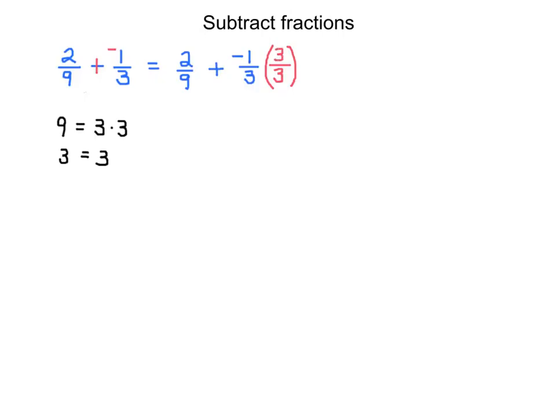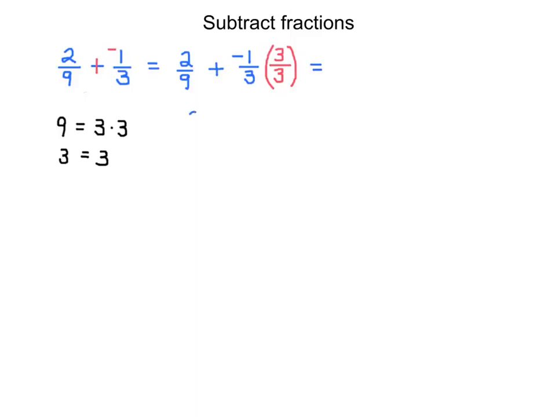So what we know is that 3 over 3 is equal to 1. So if we take a negative 1/3 and multiply it by 1, the multiplicative identity of 1 tells us it will stay a negative 1/3, but it will be expressed differently.